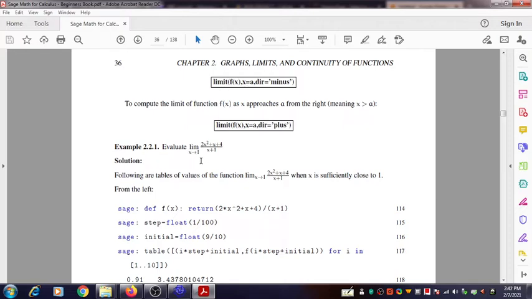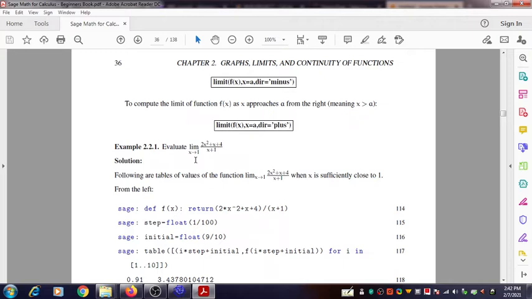The given point is x equal to 1 in this problem, where you are trying to find the limit, and near that point x equal to 1, we have to consider a set of x values. This will be done equally in both directions, the left hand side and the right hand side. So we take some x values on the left hand side and also on the right hand side.